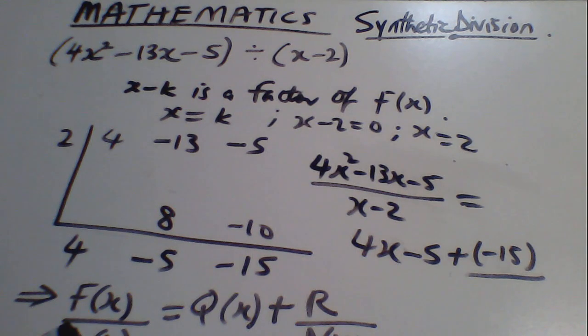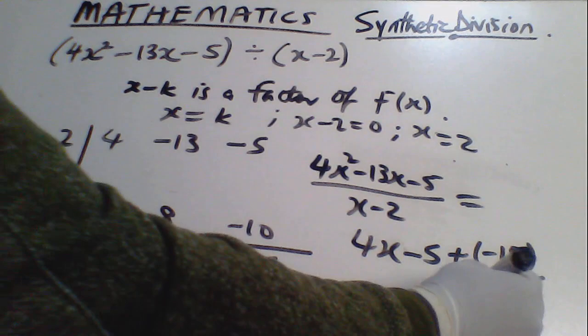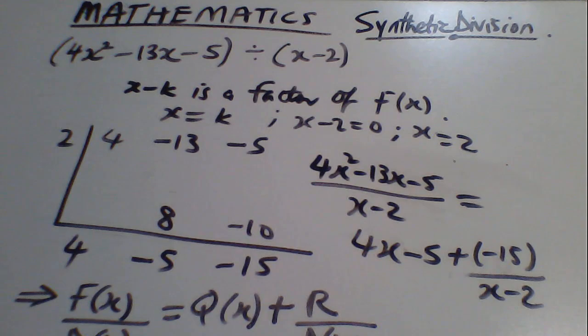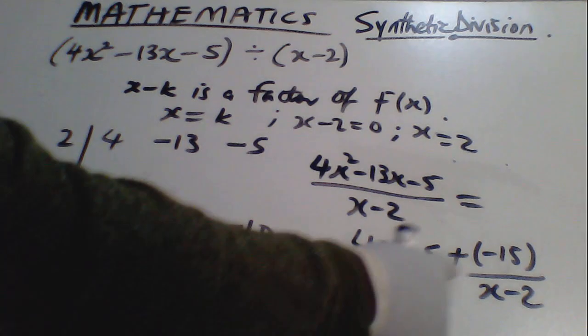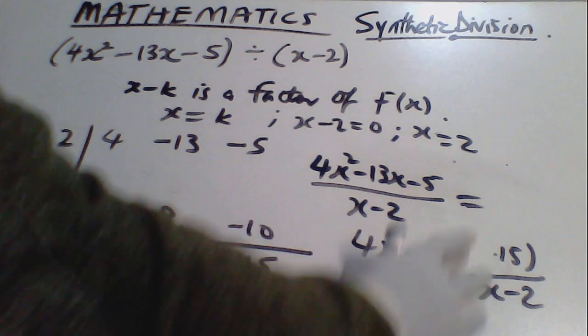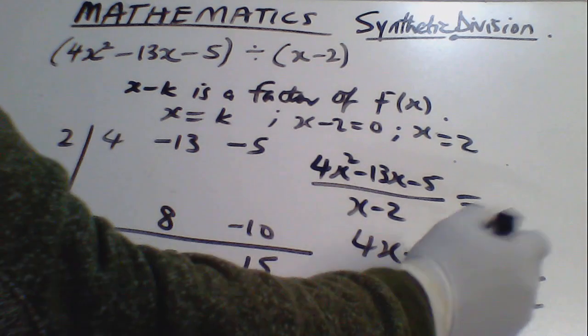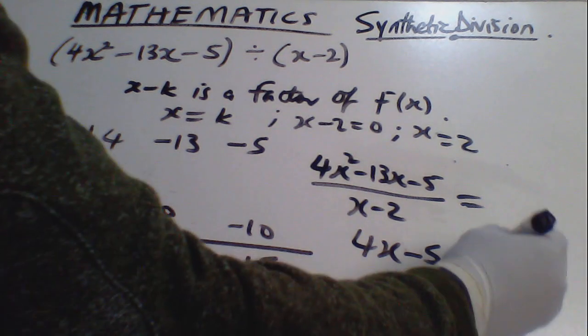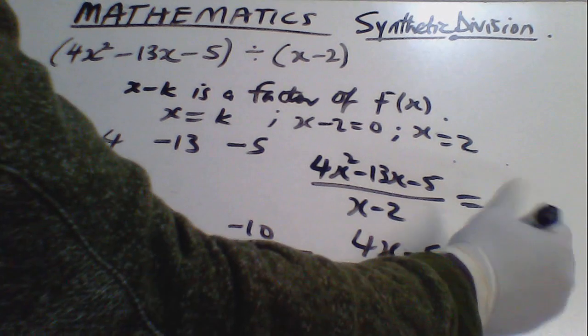In this case, the divisor here is x minus 2. And we know that plus minus is equal to minus. So you can remove the plus here and put minus here. And that is the result.